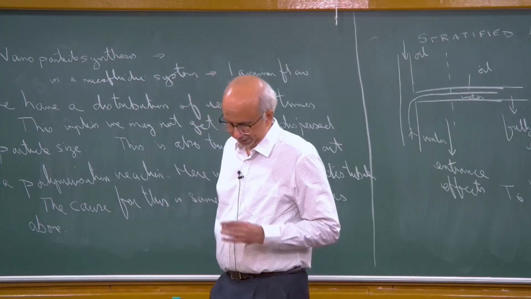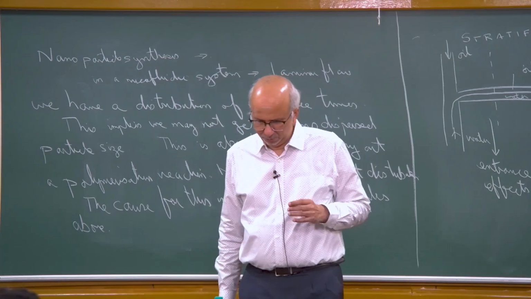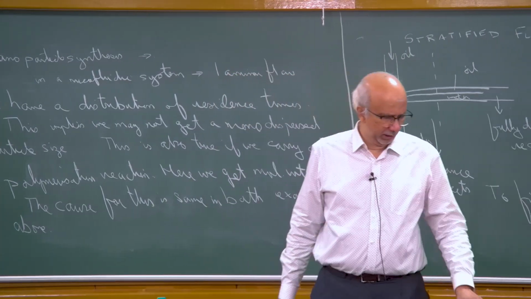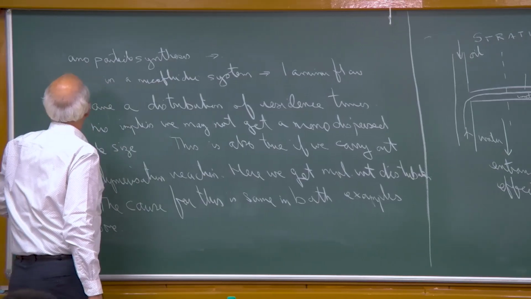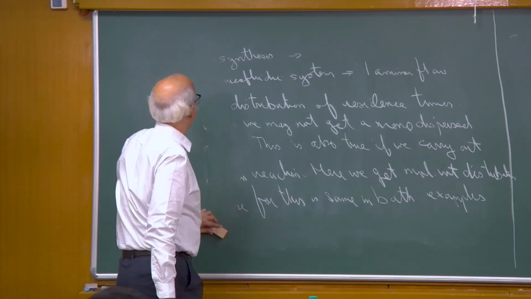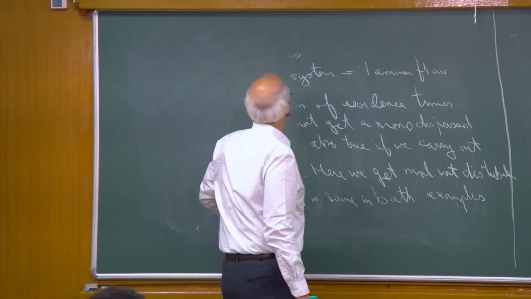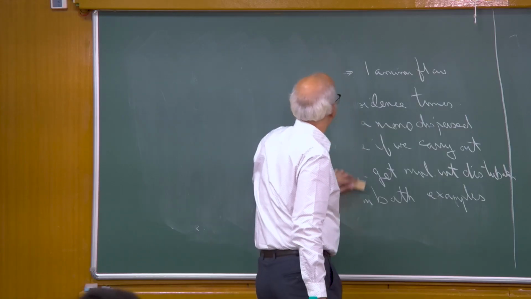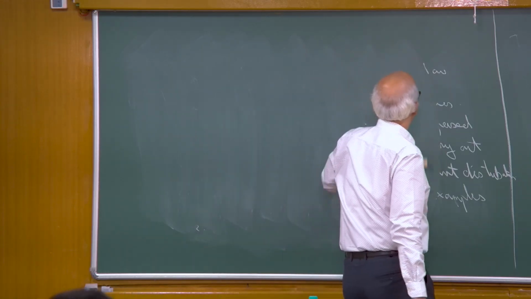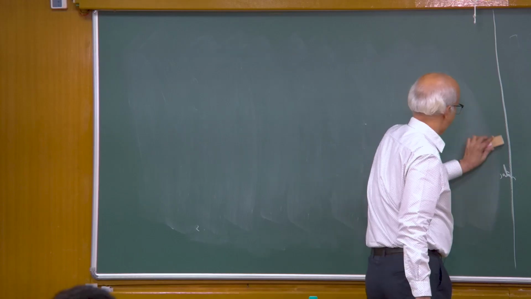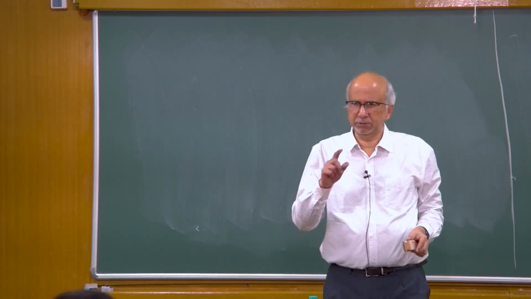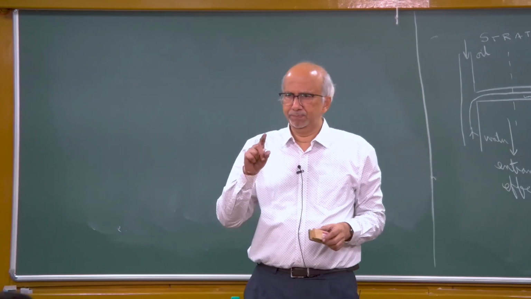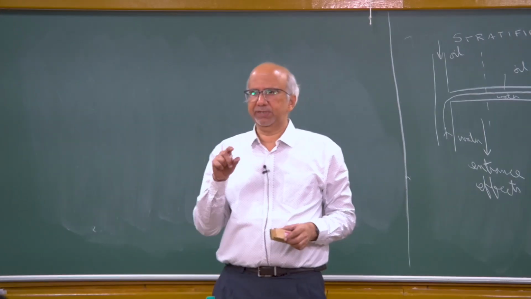Now, I am going to assume that you know the equation of continuity and the Navier-Stokes equations. We will derive them later, maybe next week. The actual problem will have a rectangular or square cross section.